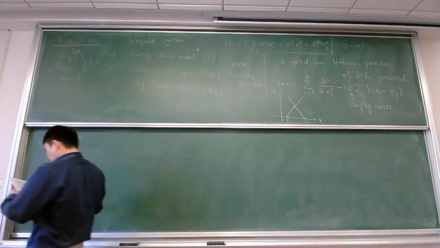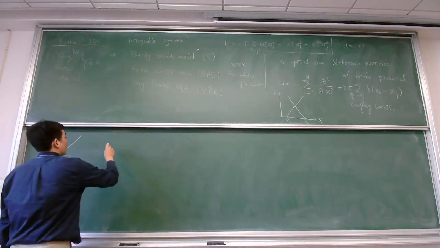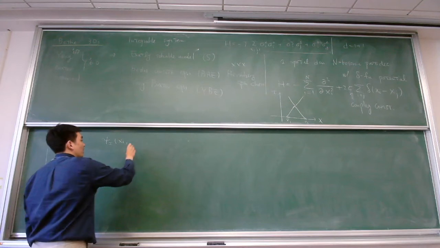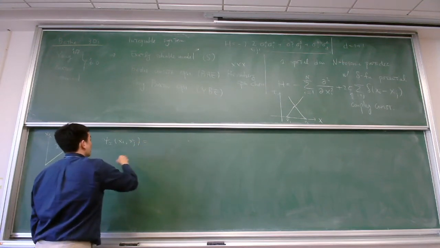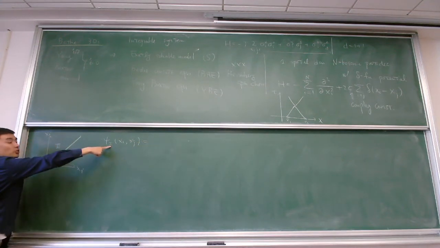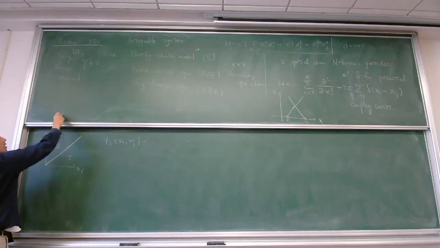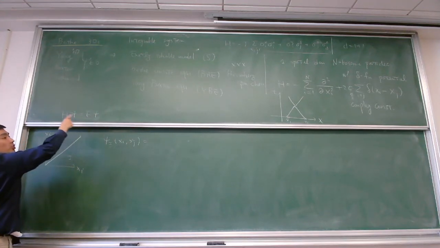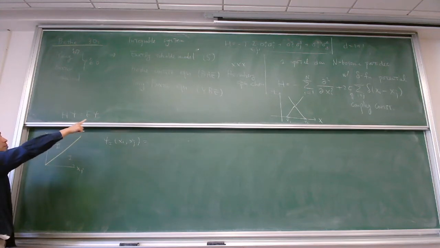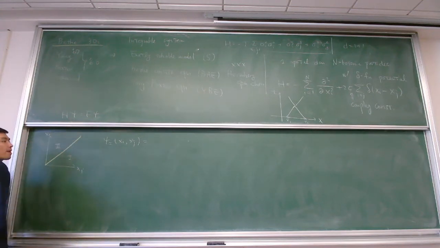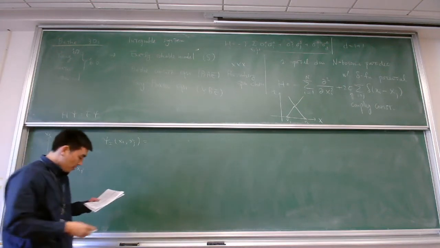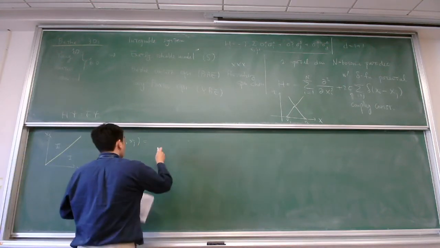So what Bethe considers is phi 1 of xi, xj in region 1 on this wave function. So you have to solve the Schrodinger equation, whatever. So H is over there, and then psi is a wave function. And the region 1 wave function, what Bethe considers is something like this.